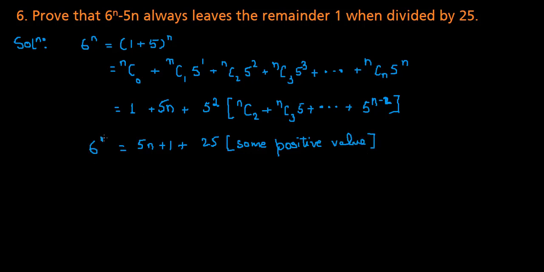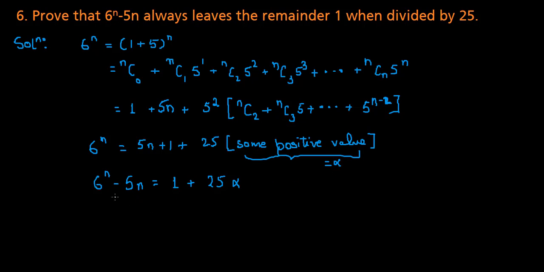So we transpose the 5n to the left hand side. We're left with 1 on the right hand side plus 25. Let's call this some positive value. Let's denote it by alpha. Alpha is this positive value. So this is proved.